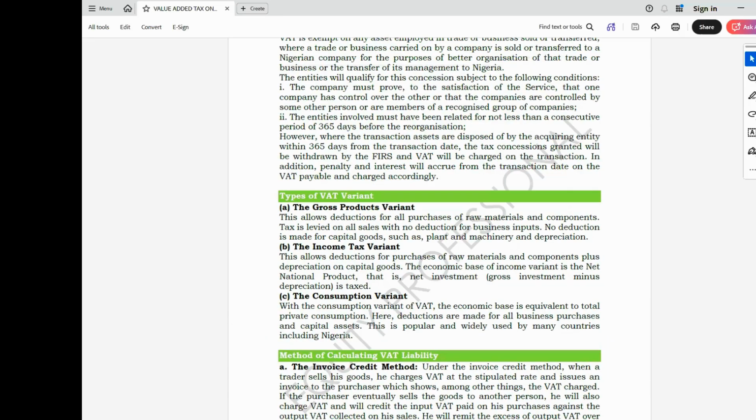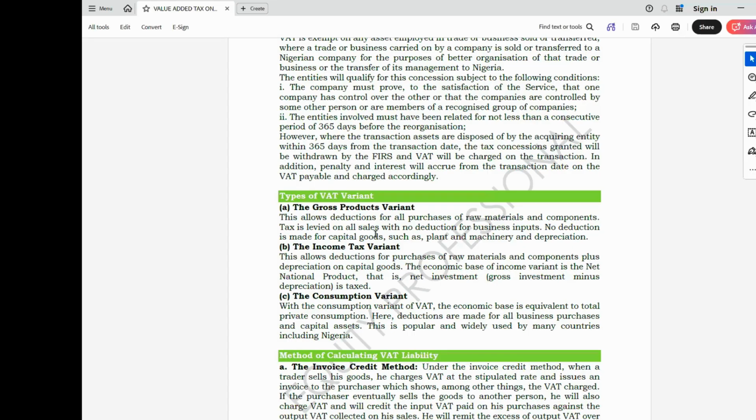Then we have types of VAT variants. There are 3 types of VAT variants. We have the gross product variant, the income tax variant, and the consumption variant. Under the gross product variant, all the purchases of your raw material and components will be deducted.